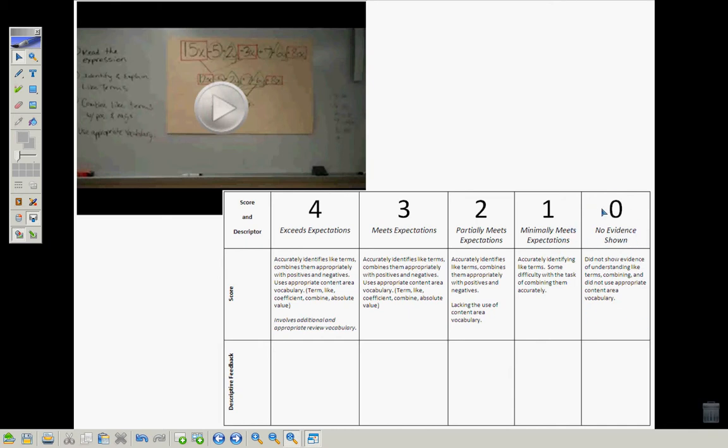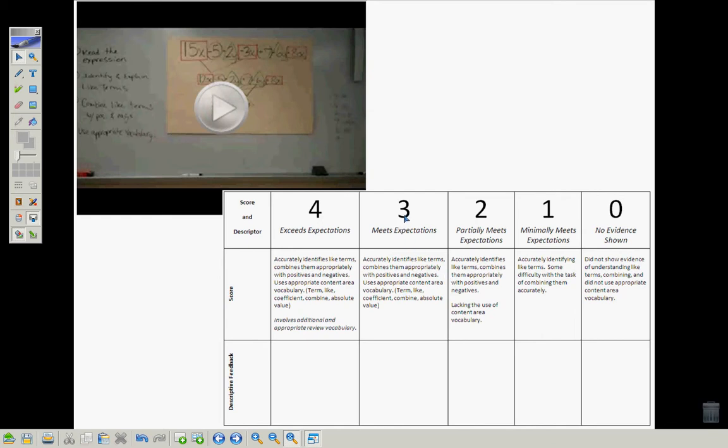To qualify as no evidence shown, you'd have to do a pretty messy job, or you've really missed what we were working on. But it would be clear what things you would need to do to move to a number 1.